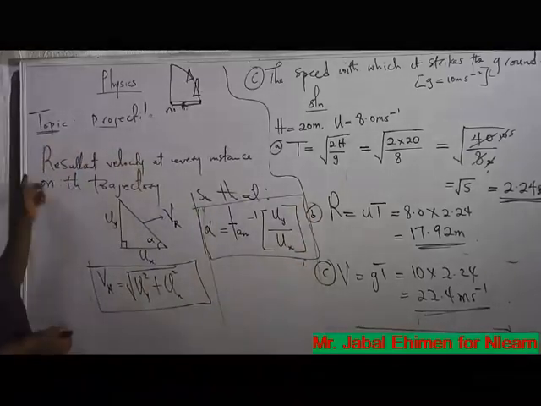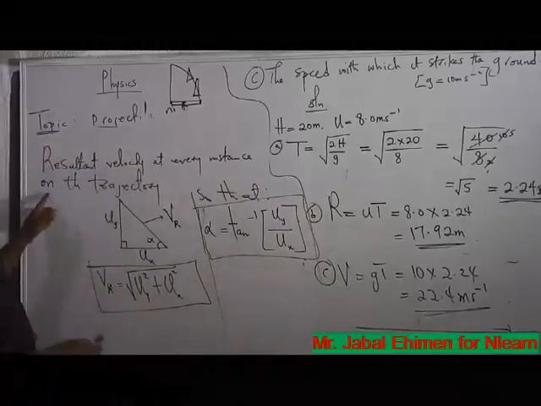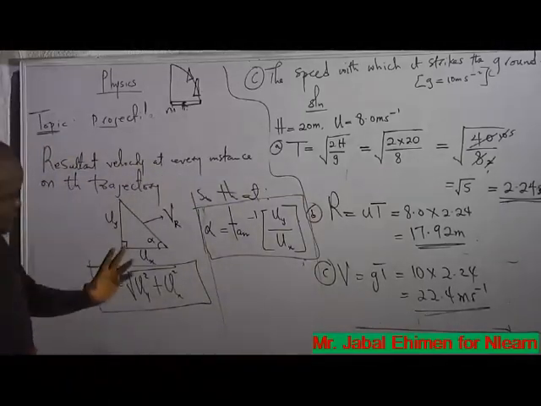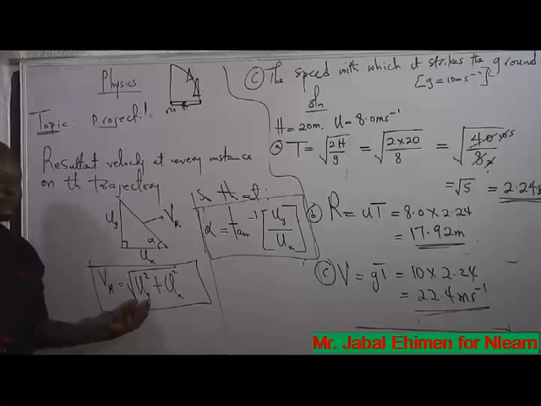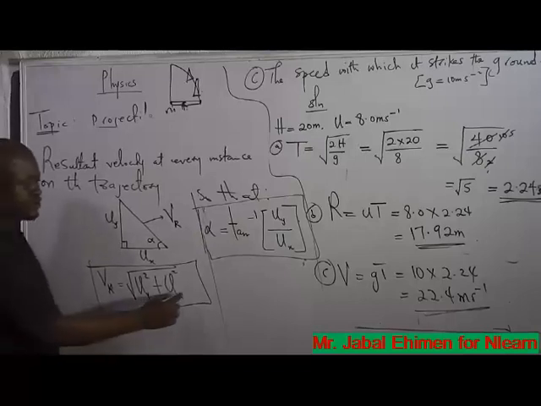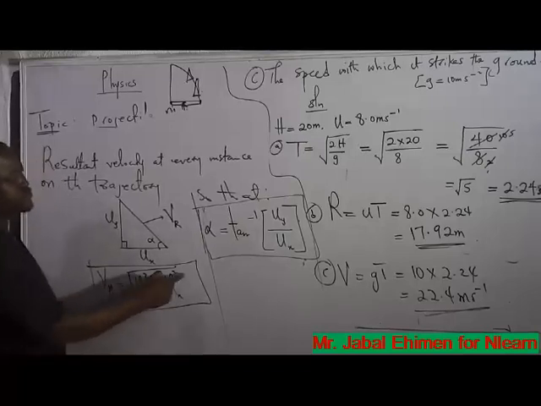Always remember the resultant velocity at every instance on the trajectory is the square root of the sum of the squares of the vertical and horizontal components of the velocity.